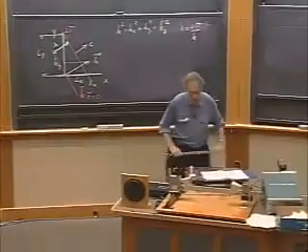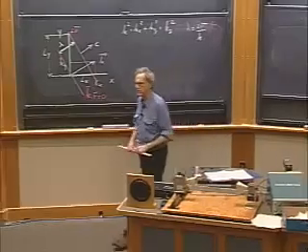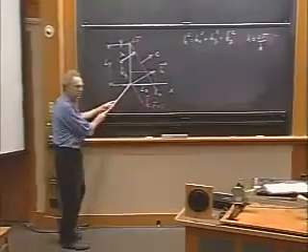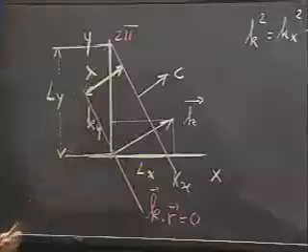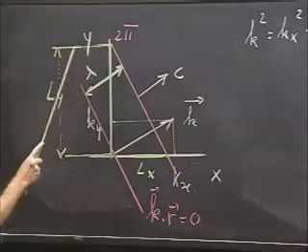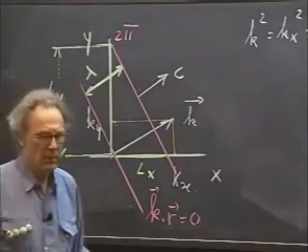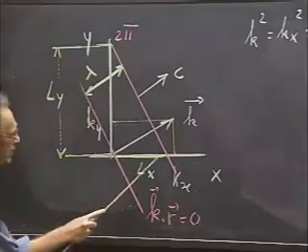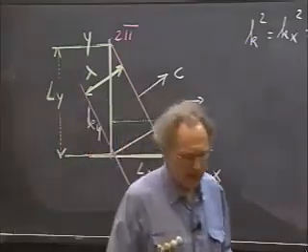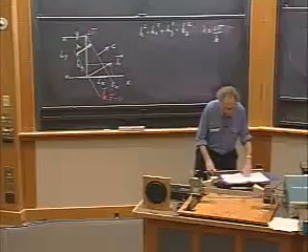Now look at the intersection of this wave with the y-axis. This wave intersects here, and it intersects there. And so the distance from here to here is Ly, which is way larger than lambda. And the same is true for the distance in the x direction, which is also larger than lambda. And in the z direction, in general, it would also be larger than lambda.